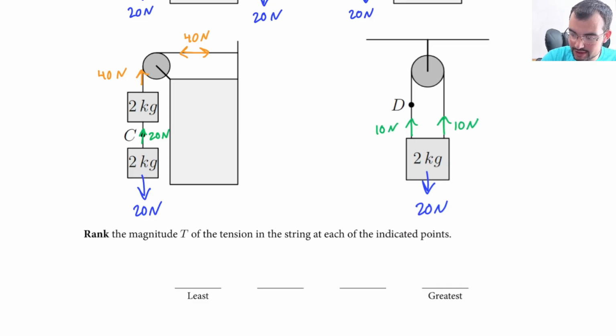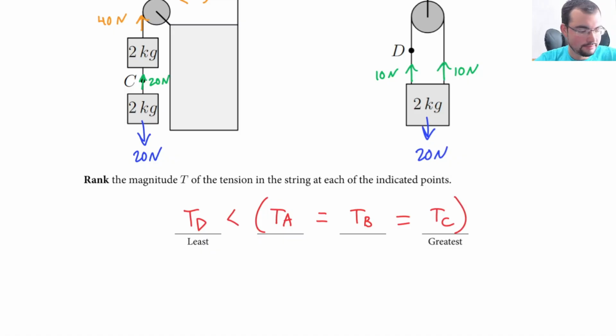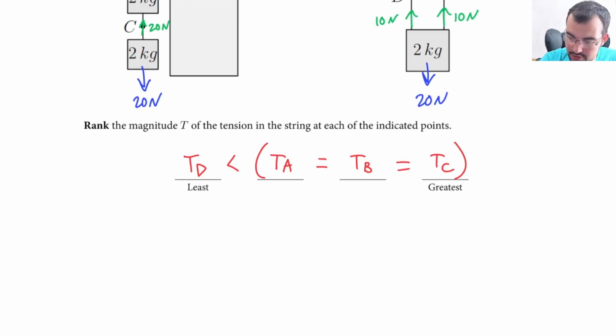So it looks like the tension is the same at all points except D, where it is halved. So tension at D is less than at A, B, C. Because we said this was 10 newtons and these 3 were 20 newtons.